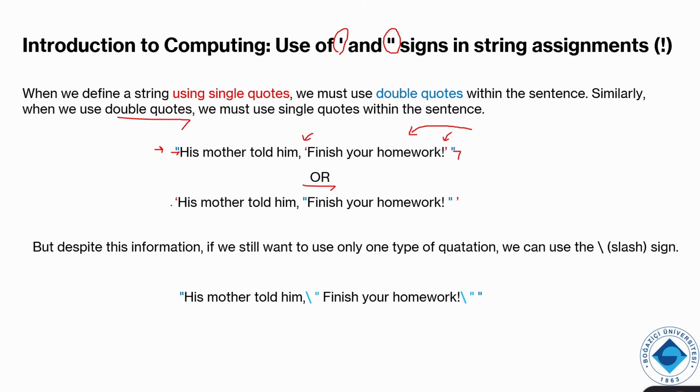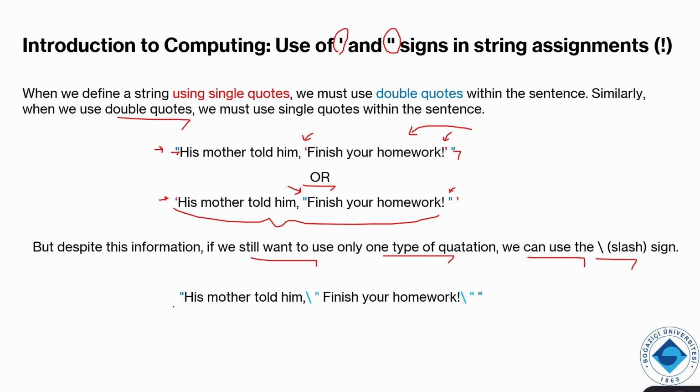Likewise, if you start with a single quotation mark to define your string, and you need one more quotation inside of this string, this time use a double quotation mark. Now, if we still want to use only one type of quotation, we can use a backslash.